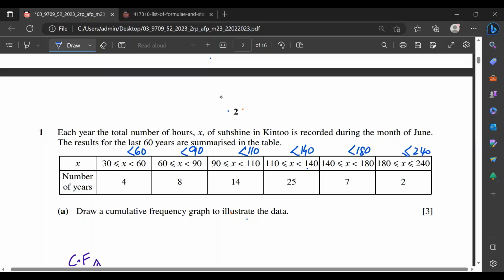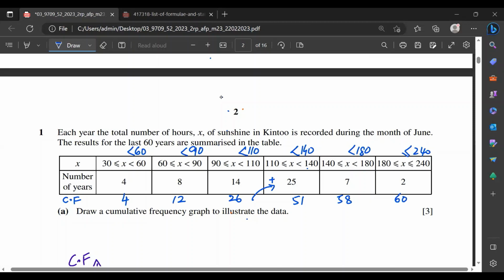So these are the upper class boundaries and CF, cumulative frequency. So we cumulate the frequency. The first is 4, and 4 added to the next frequency: 4 plus 8 is 12, 12 plus 14 is 26, 26 plus the next frequency 20 is 46, and 46 plus 5 is 51. 51 plus 7 is 58, 58 plus 2 is 60, as there were 60 years.